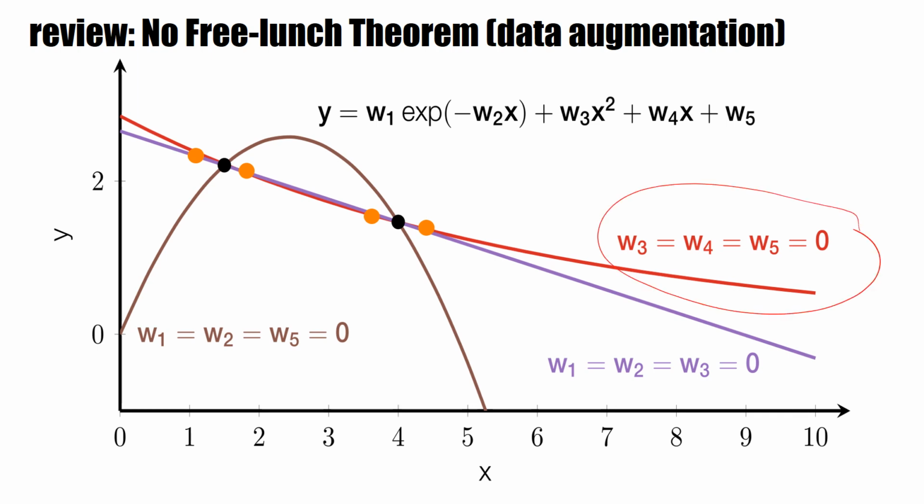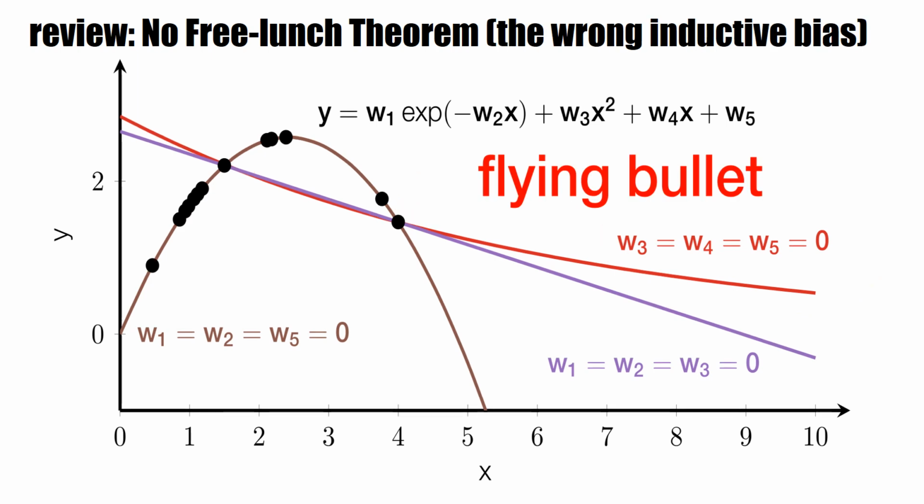I could also fit with the straight line. Now, if the true data points, the black data points, come from something else, if these black data points actually come from a flying bullet, which means a parabola, then my data augmentation method that I used before would have been completely wrong.